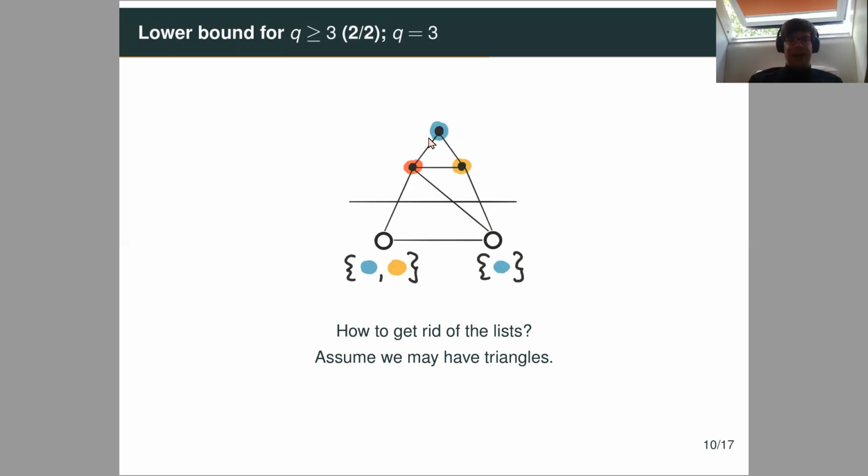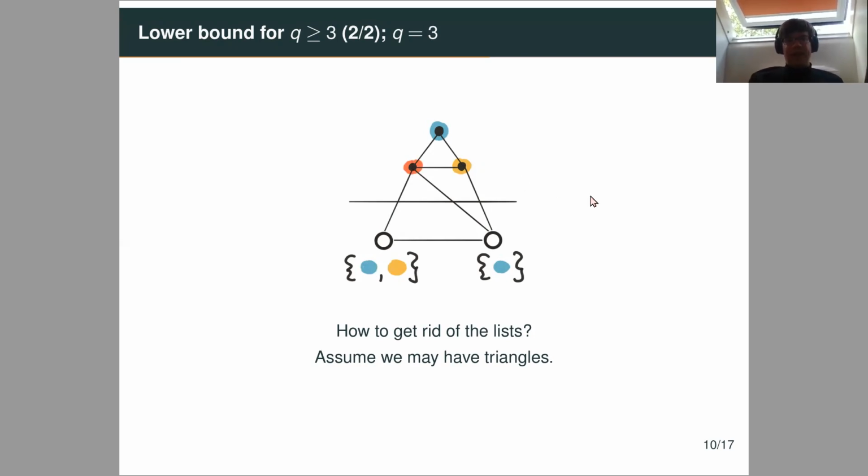So in this case, we add a clique on 3 vertices. And then whenever a color does not appear on the list of a vertex, we make it adjacent to the vertex of the clique that represents this color. So for instance, here we don't have color red on the list, so we make this vertex adjacent to the vertex in the clique that represents color red.